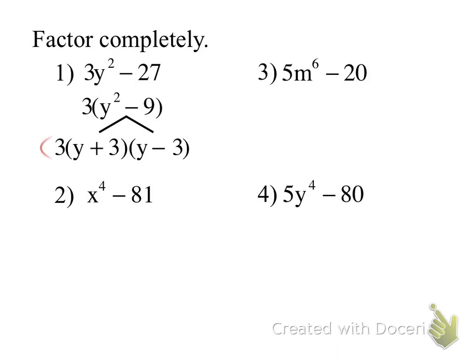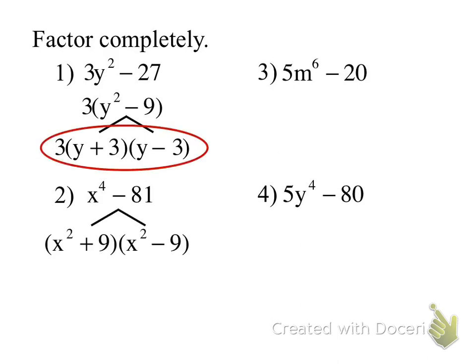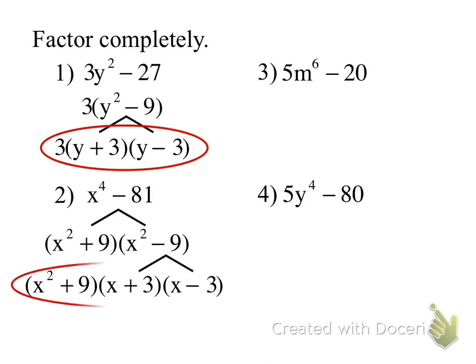I always put my plus on the left so I can build out my difference of squares: x squared plus 9 times x squared minus 9. And then you can do another difference of squares for x squared minus 9. So my final answer would be x squared plus 9 times x plus 3 times x minus 3. Are you guys with me? Always look that you're factoring completely.